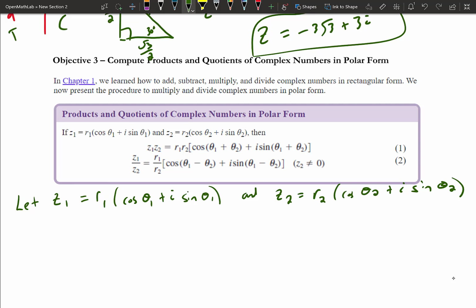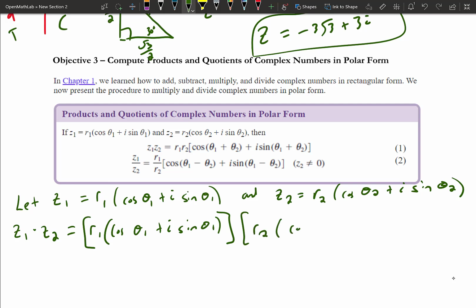Right, so then if we write z1 times z2, we're trying to find the product of these two complex numbers, that would just be equal to r1 cosine of theta 1 plus i sine of theta 1 times r2 cosine of theta 2 plus i sine of theta 2.